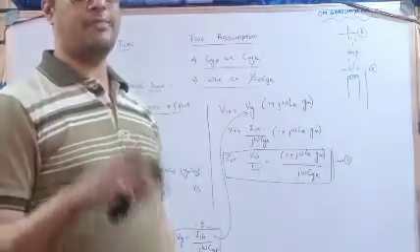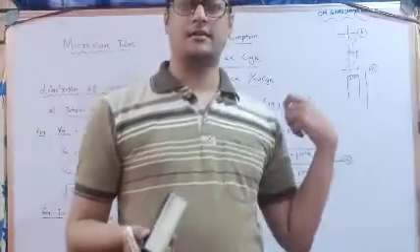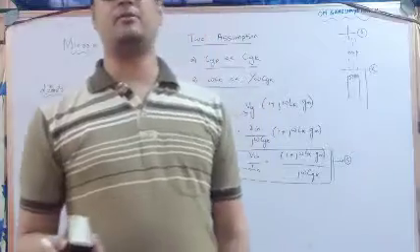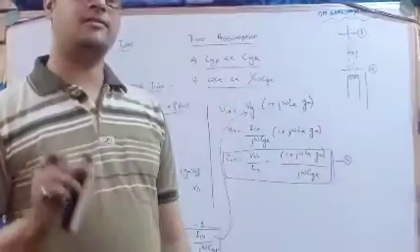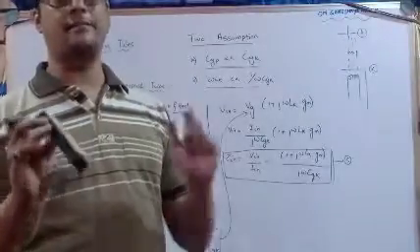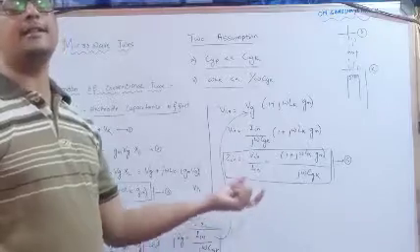Whenever the numerator is greater than the denominator, we prefer to choose the admittance calculation. Admittance calculation is only used when the circuits are in parallel condition. In the circuit I have drawn, all the things are in parallel.